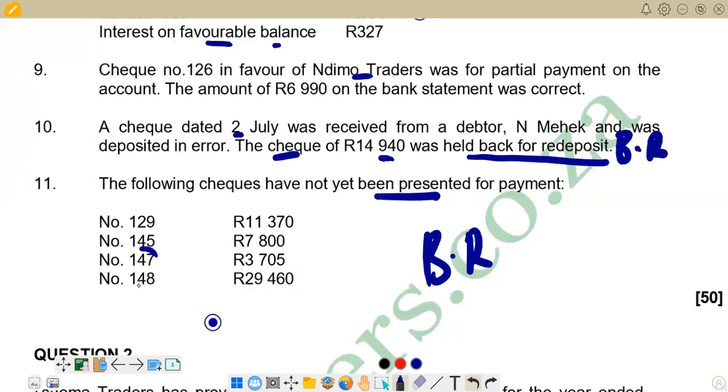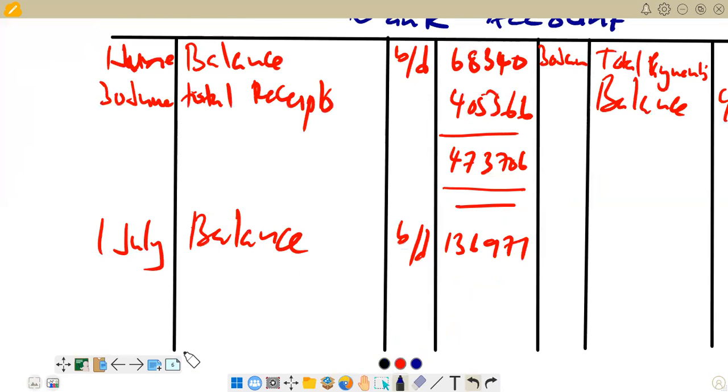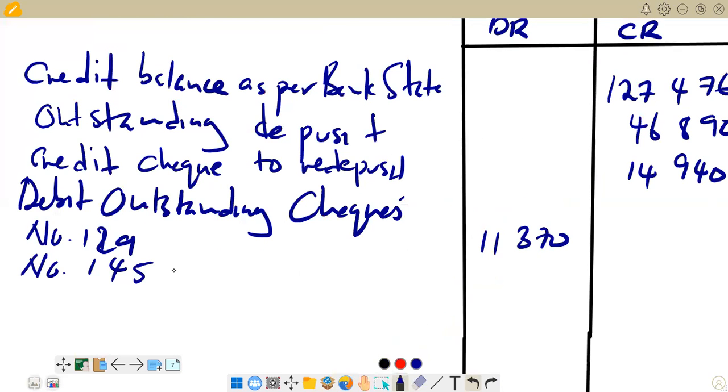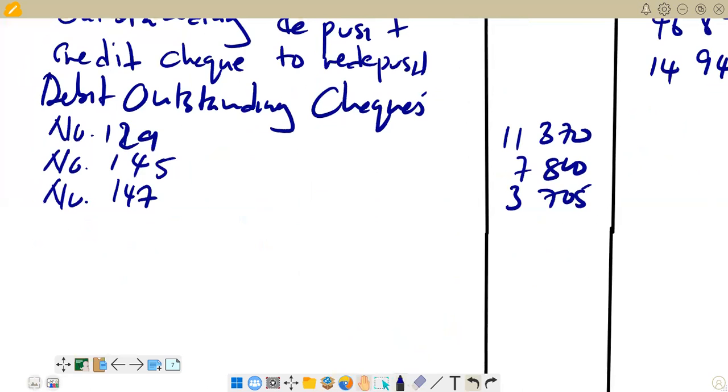Next one is 145, then we've got 147, then 148. Okay, so we can go back there. It's 145 and it's 7,800. And then the next one, which is 147, 3,705. Then number 148, we have 29,460. So these are all the checks that are outstanding.